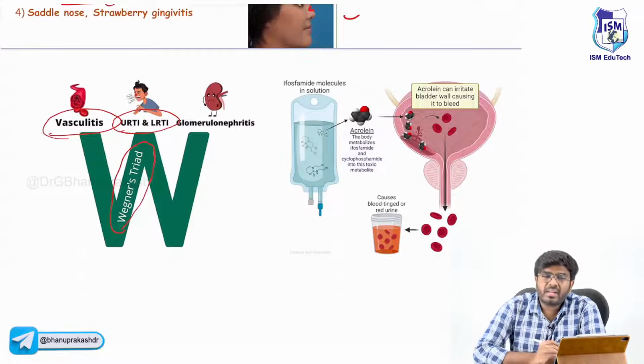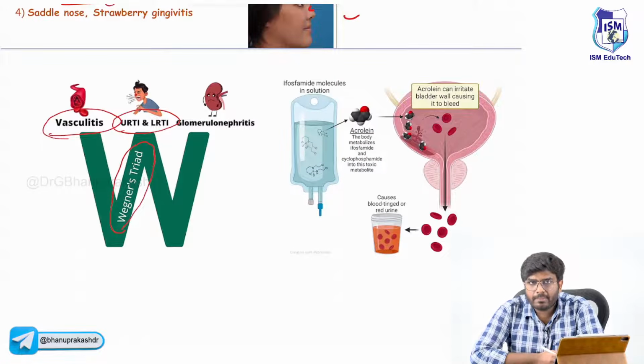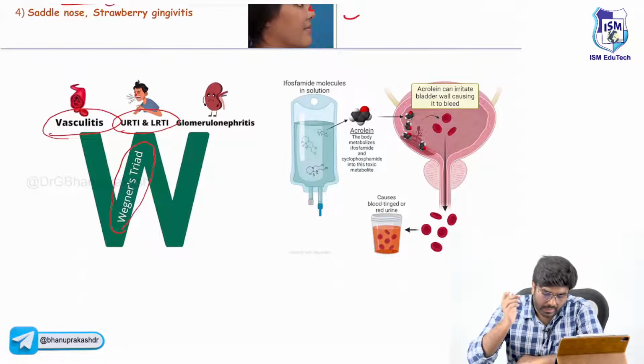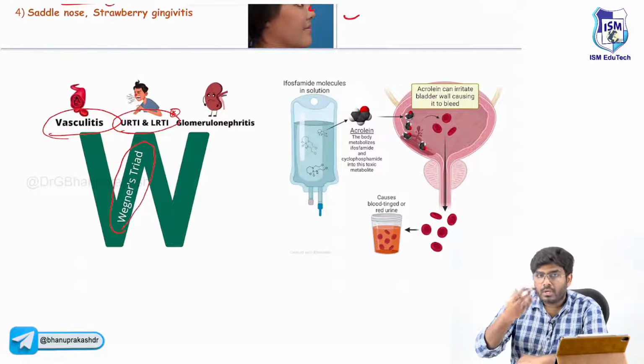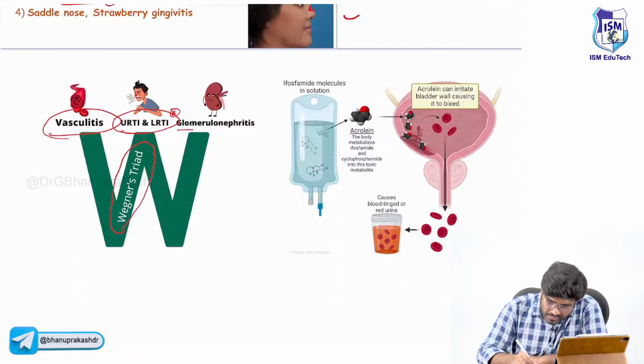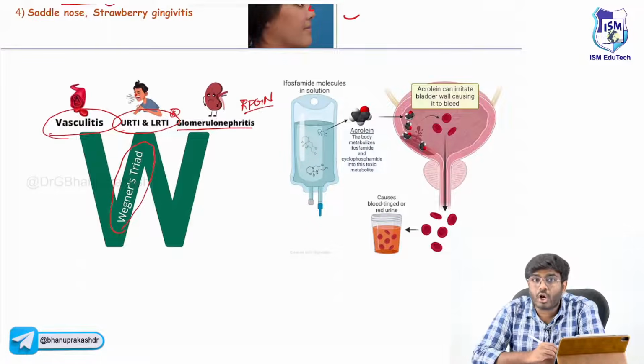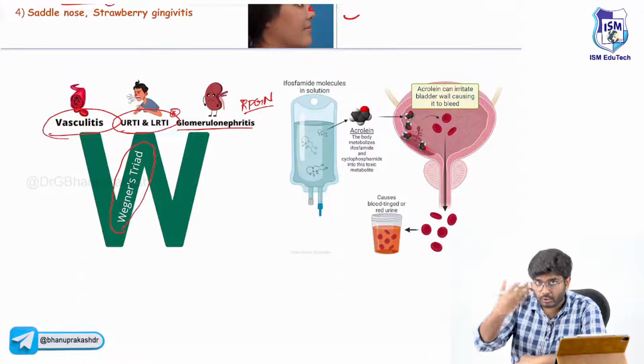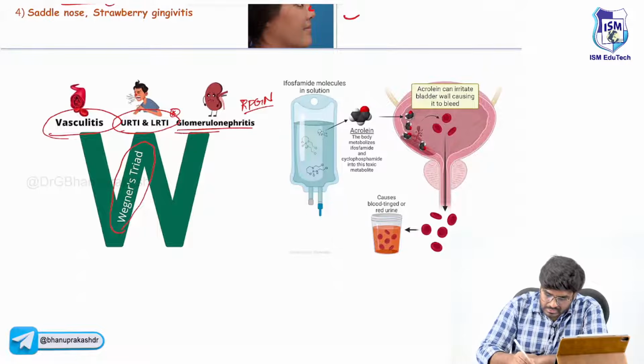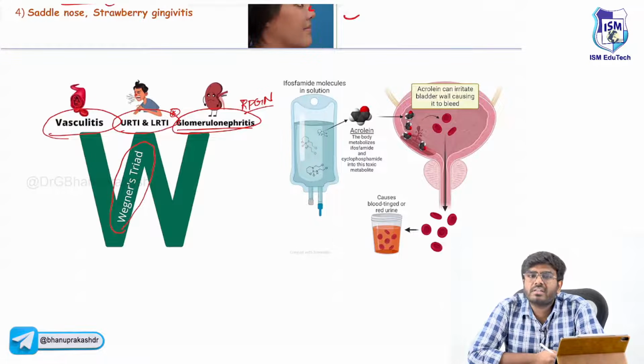Upper and lower respiratory tract involvement: chronic sinusitis from the upper tract, and hemoptysis from the lower tract. And glomerulonephritis, rapidly progressive or crescentic, leading to hematuria. So Wegener's triad includes small vessel vasculitis, upper and lower respiratory tract involvement, and glomerulonephritis. Kidney involvement, lung involvement and vessel involvement.